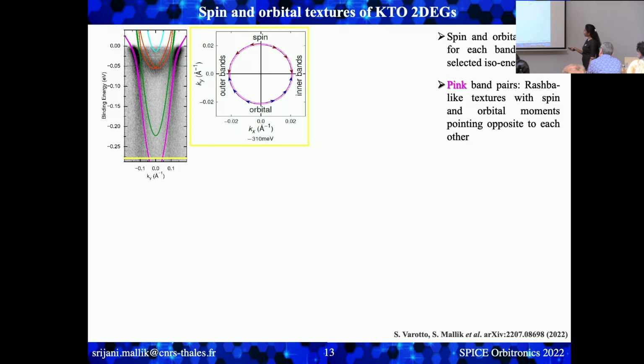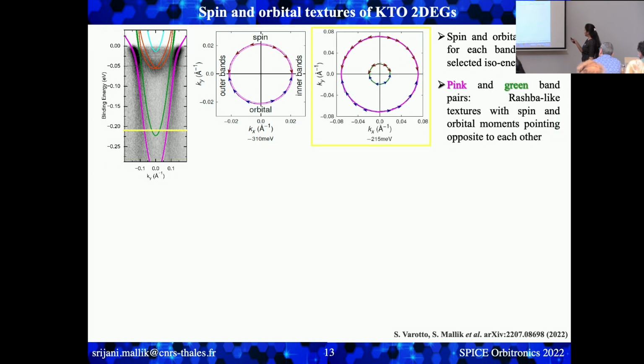And if we increase the energy from here to here so that we can start seeing the green band pair, then we are still in the Rashba-like texture. And when we calculated the splitting between the two pink band pair and the green band pair, it is more or less similar, giving alpha close to 10 milli-electron volt angstrom.